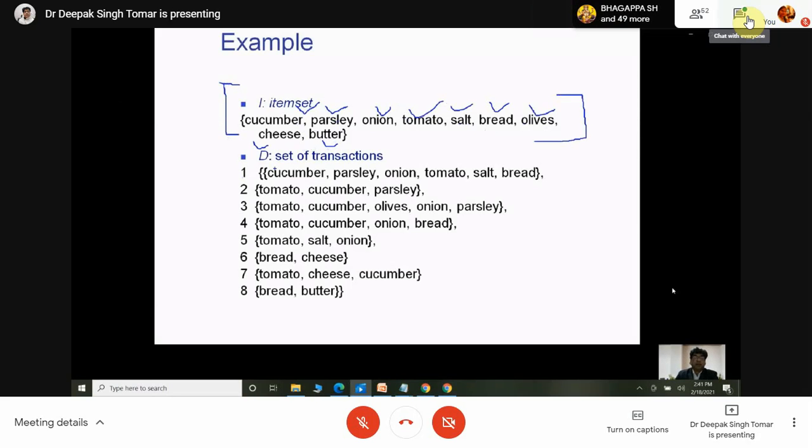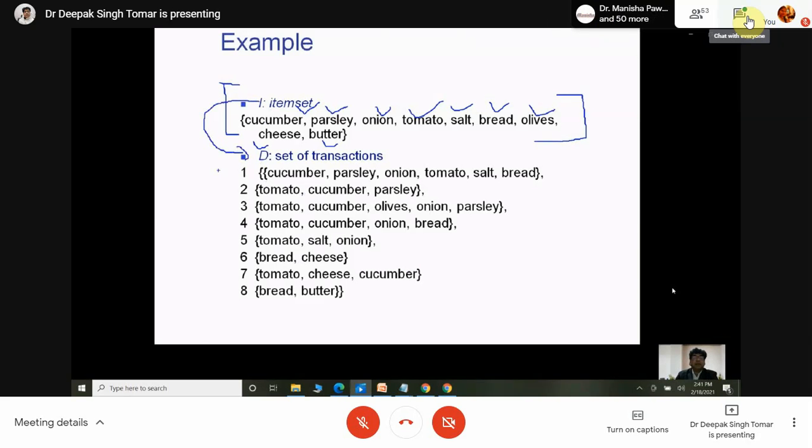This is the total itemset available. For example, the total itemset in a website is all the web pages of the website, and in a library it is the number of books available to be issued to students. Then from this itemset we generate the dataset.